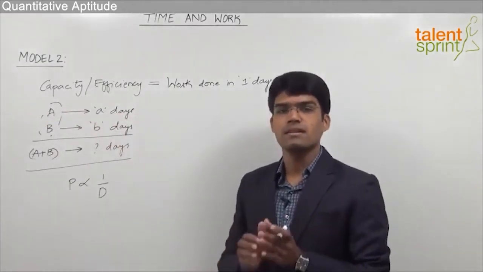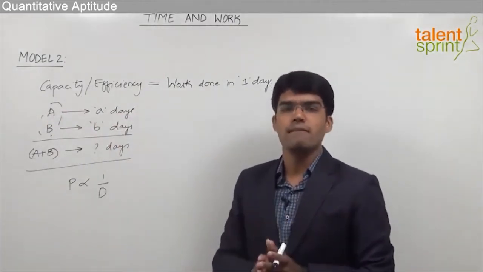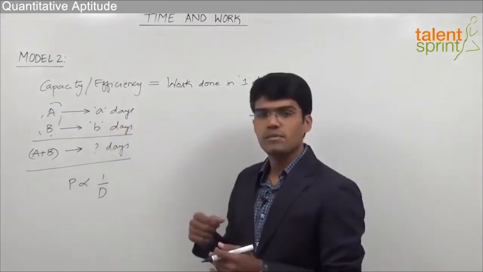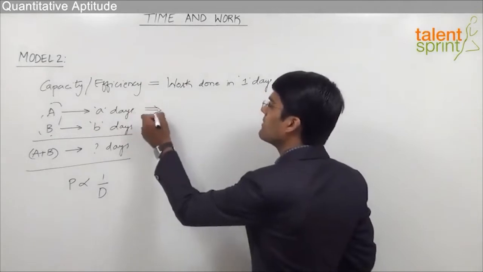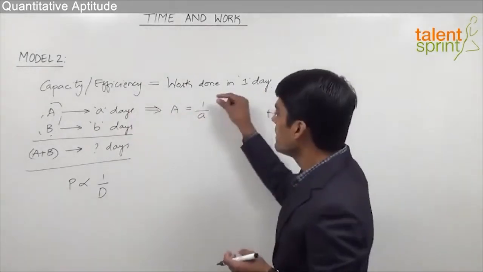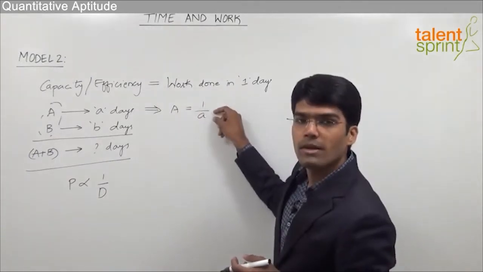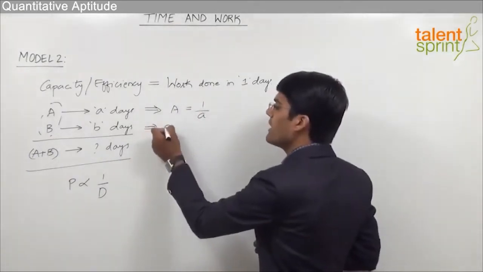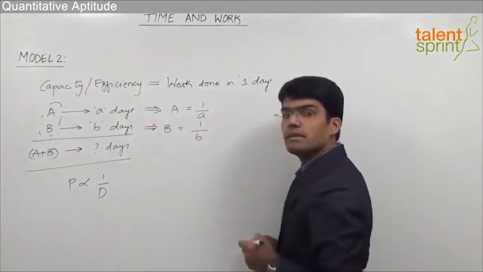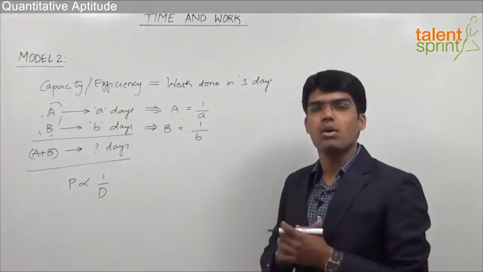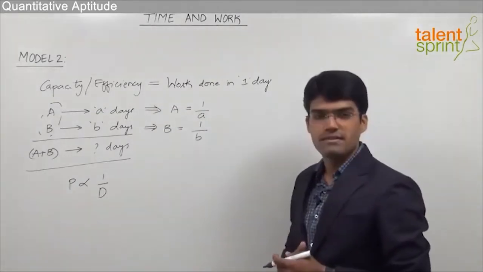So the amount of work that A can do in 1 day will be equal to the total work, that is 1, divided by number of days A. So here I can say that the work done by A in 1 day will be equal to 1 by A. That is nothing but total work 1 unit divided by total number of days A. Similarly, the work done by B in 1 day will be equal to 1 by B. So here 1 by A and 1 by B is nothing but the capacity or efficiency of these persons.